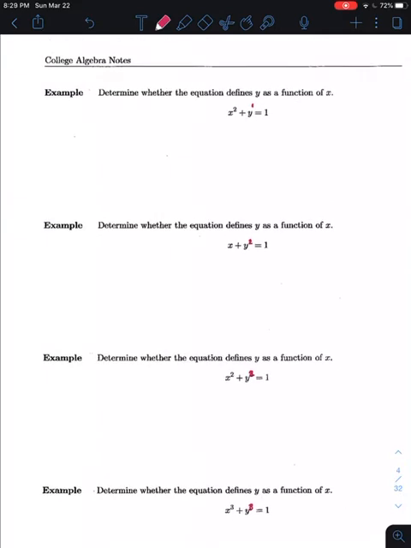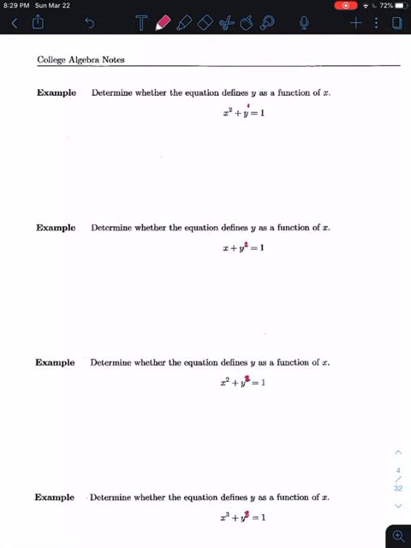I'm going to show you all these in Desmos, so we'll look at it on a graph. So basically, if y, the variable y, has an even exponent, then it's not a function.